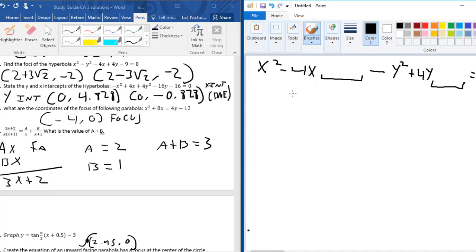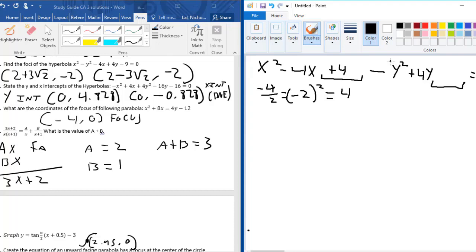Now we've got to complete the square. We use negative 4 divided by 2, and that's equal to negative 2. Then we take our negative 2, we square it, and that's equal to 4. So we add 4 to each side.